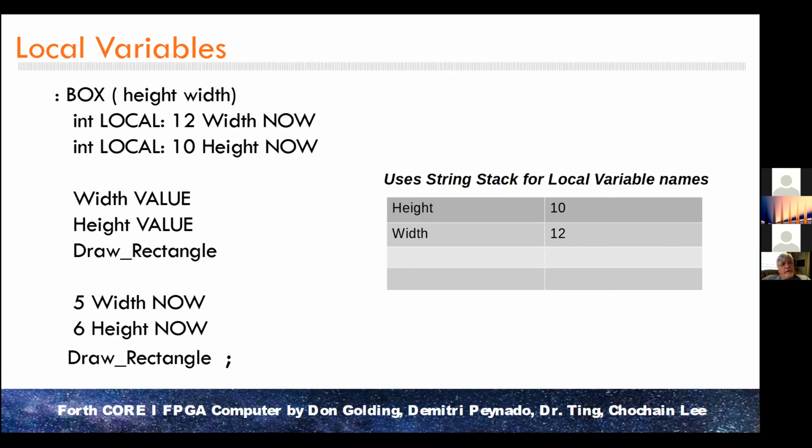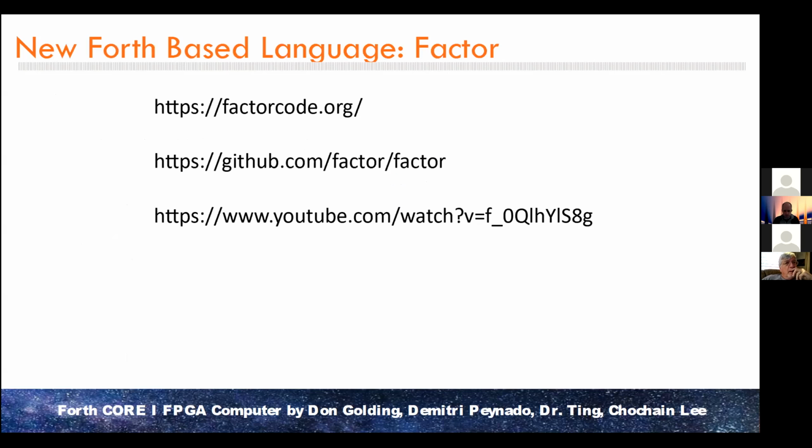So value is really fetch, and now is really store. So 5 width store, 5 width now. But it's more the way you talk to someone, right? 5 width now, 6 height now, and then draw rectangle. Because my long-term goal is to make it very human interaction, human readable.